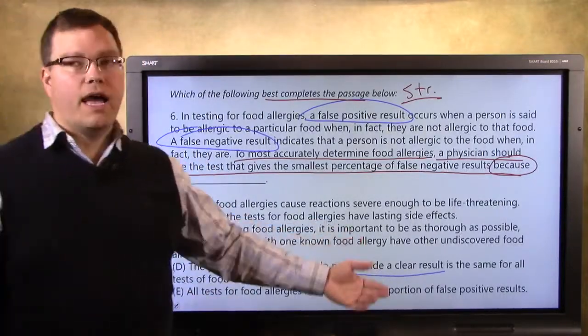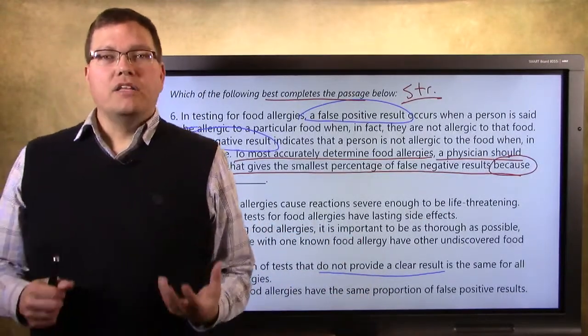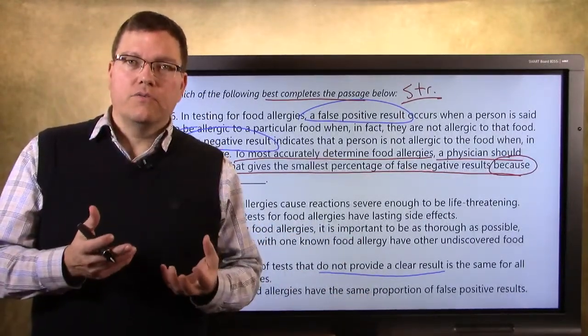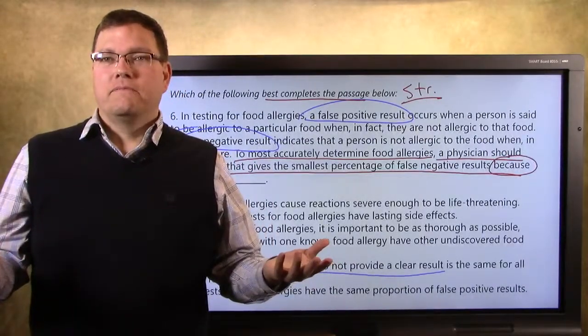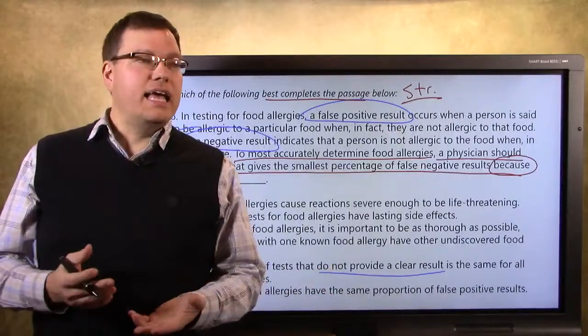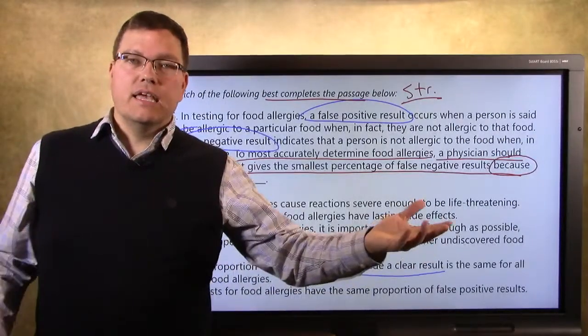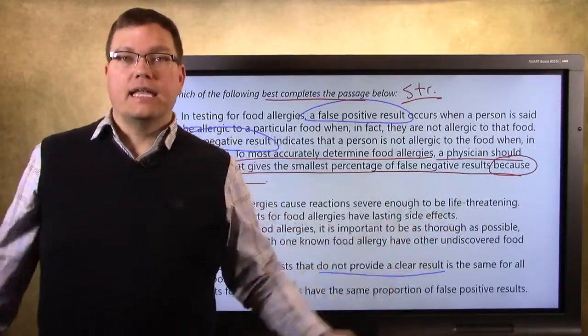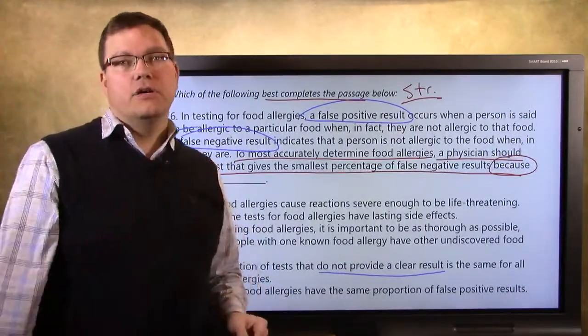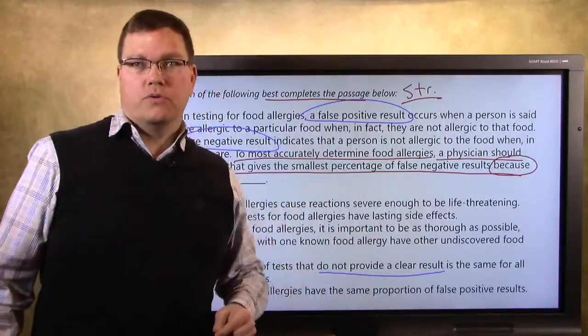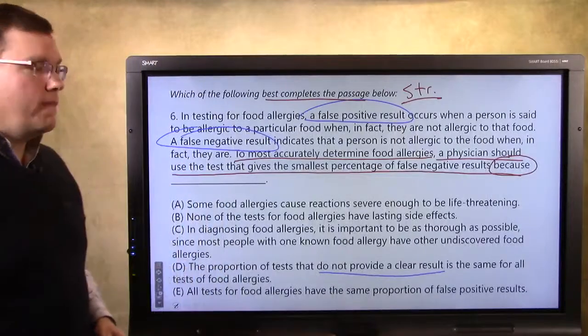Versus just not providing a clear result. I'm not sure if not providing a clear result is a measure of accuracy. Because, right, if a test doesn't give a clear result, then we just take another test. So answer choice D is not as good a version of answer choice E, okay?